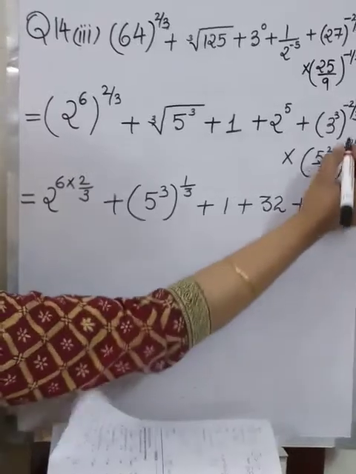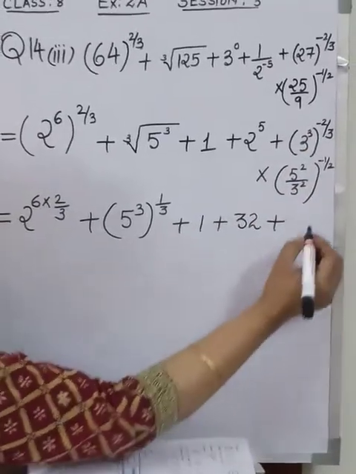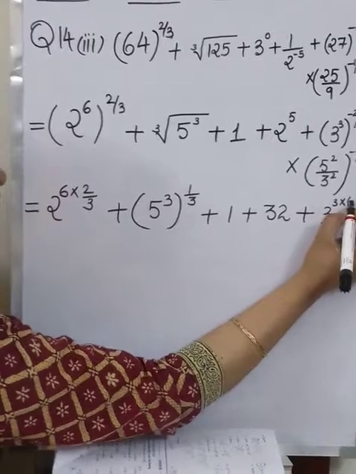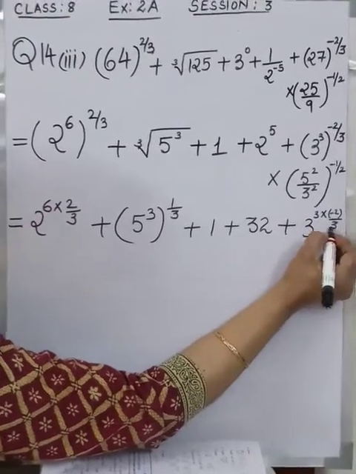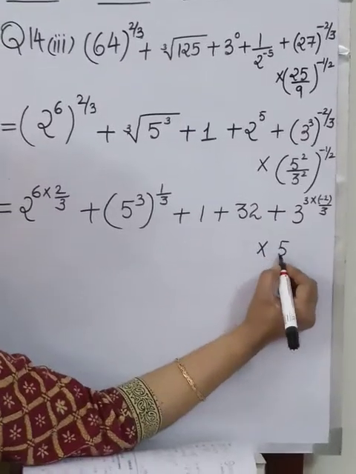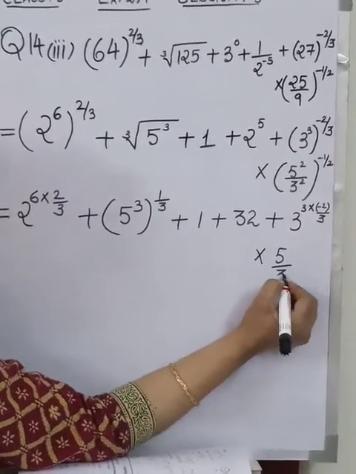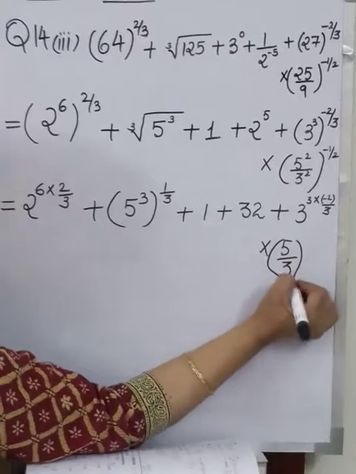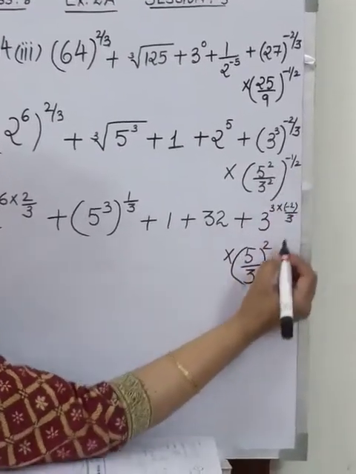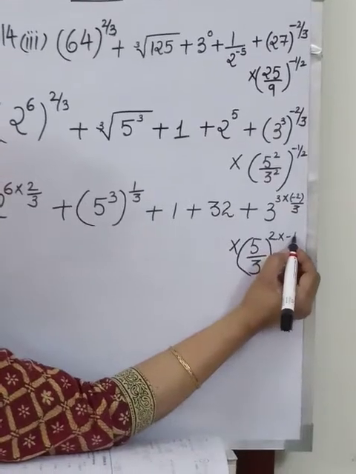Now 3 to the power 3 into minus 2 by 3, and 5 to the power... can we write it like this? 5 by 3 whole to the power 2, because 5 has also power 2, 3 has also power 2, into 1 by 2.